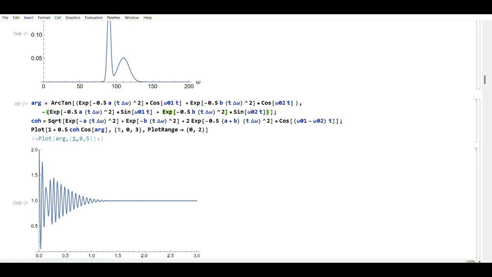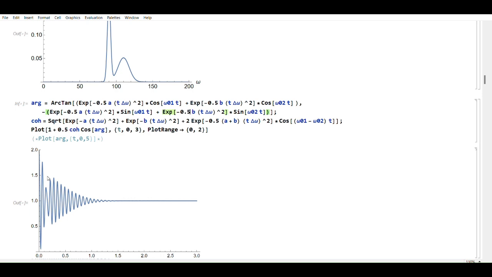We had intensity as mod k squared, I of 0, and inside that bracket we had 2 plus gamma tau cos argument of gamma.